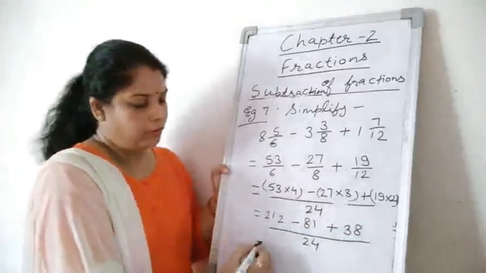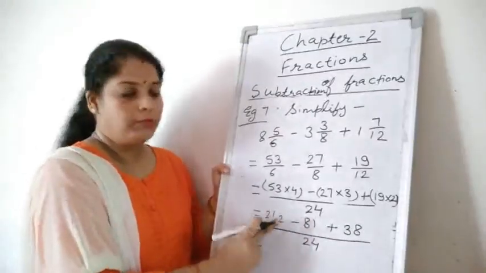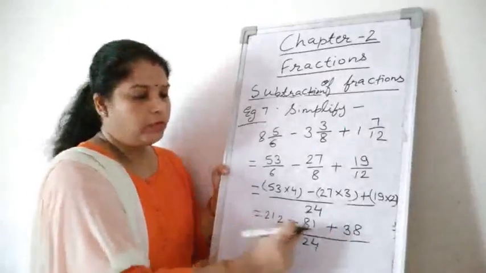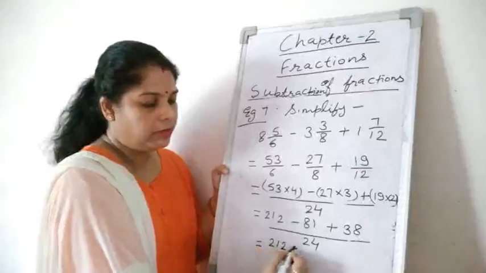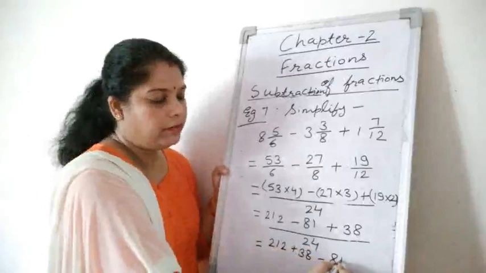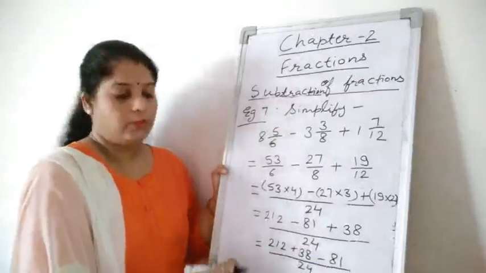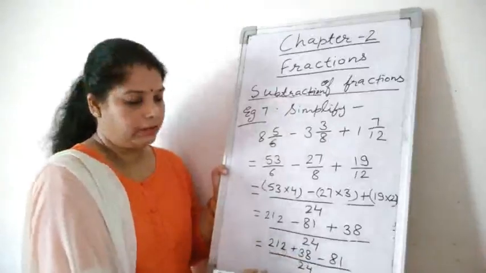Now what will you do after this? 212 is a positive number and 38 is a positive number. So you will write these positive numbers together. 212 plus 38 and minus 81 upon 24. You will write the positive numbers together and the negative number separately.